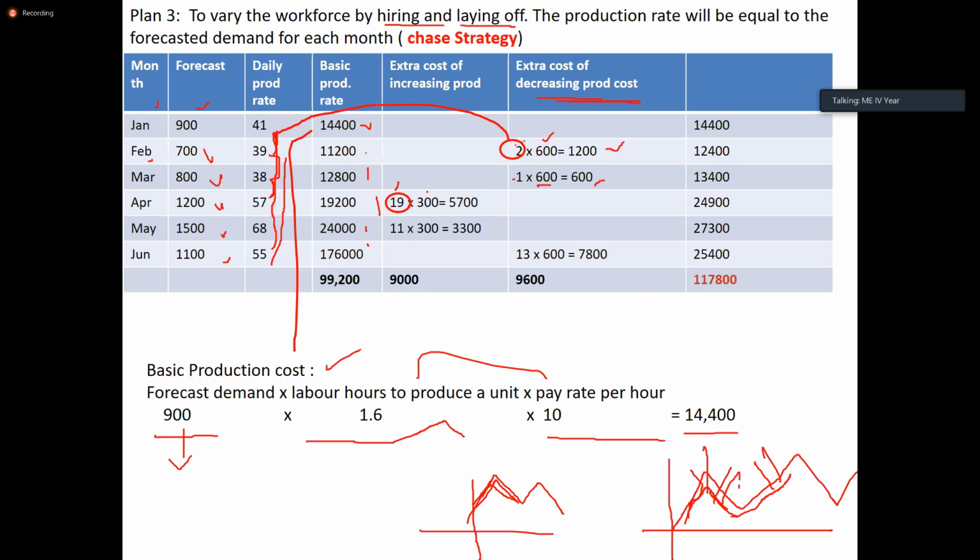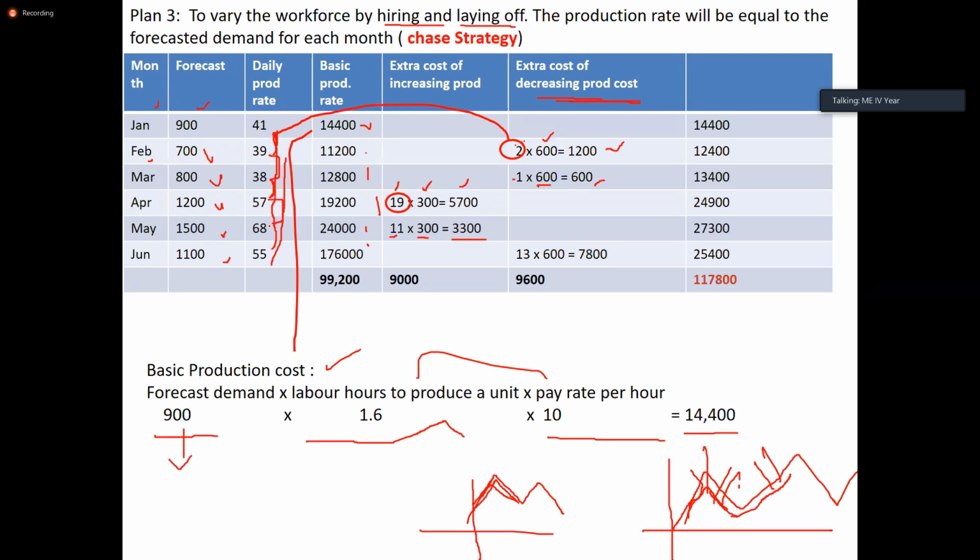If I increase, how much I have to pay, that is 300, so you get this value. Similarly, again the demand is increased, so production rate increased. The production rate, how much increased, it is increased by 11, so it is 57 to 68, it means 11. So 11 into 300, so 3300.